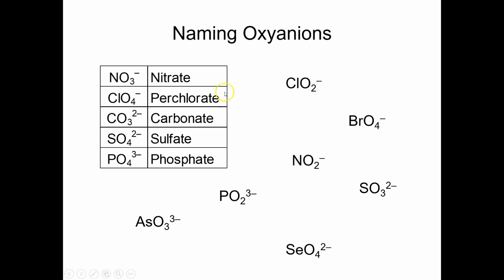They're not on the list of these 5 or any of the 10 polyatomic ions you've had to memorize up to now. But if you can learn some simple rules, it's not difficult to name any of these 7 things, or indeed a lot of other oxyanions I could give you as well. So let's talk about those rules.